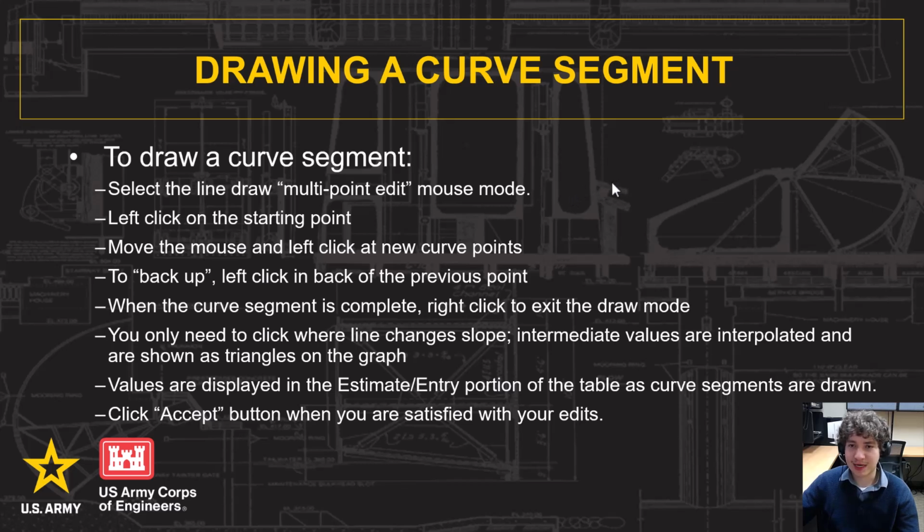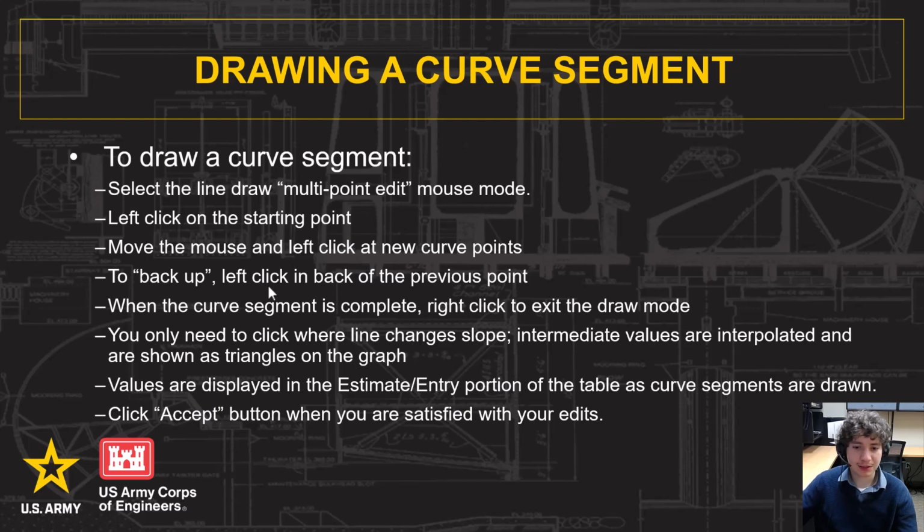If you ever make a mistake, all you have to do is left-click the point in the past, and it'll delete your current point. Once you've added all the points to the curve that you want to draw, if you right-click, it'll automatically draw the curve to match all of the data points within your plot.